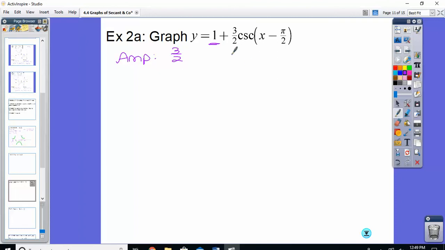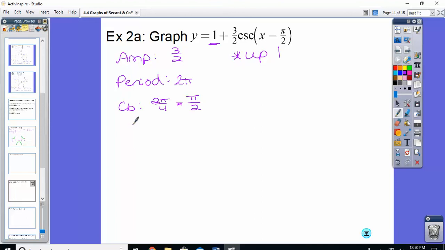What's this 1 doing? Period. Pi. So count by 2 pi over 4, or pi over 2.